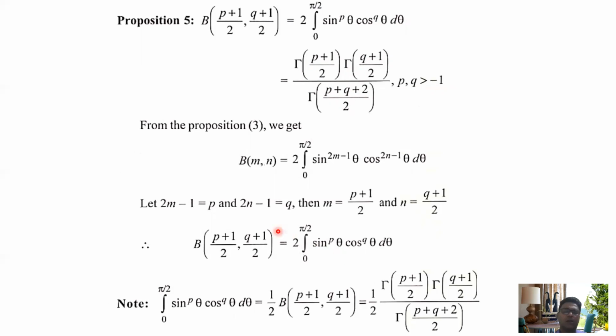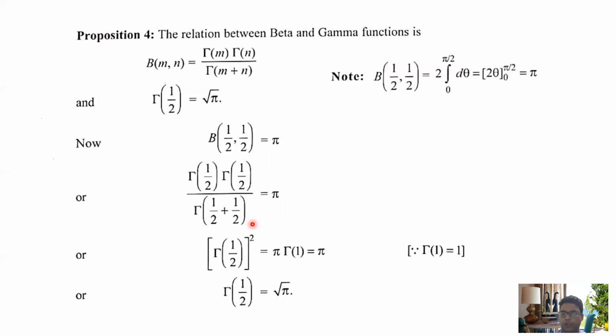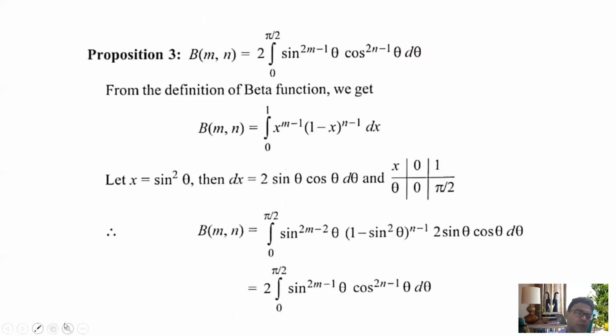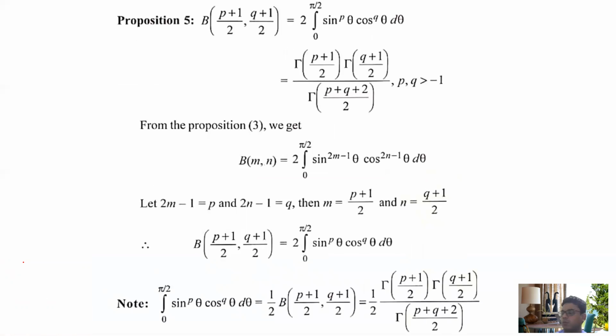Basically, ultimately what we are doing here, sometimes suppose you forget to write down this formula, try to understand. What formula do you have? Beta(m, n) is equal to 2 times the integral from 0 to pi by 2 of sine to the power 2m minus 1 theta cos to the power 2n minus 1 theta d theta.